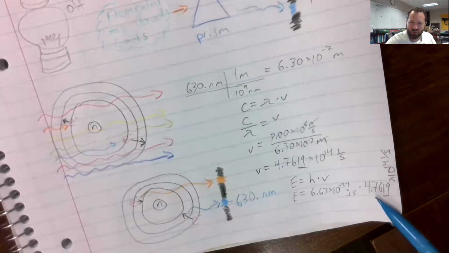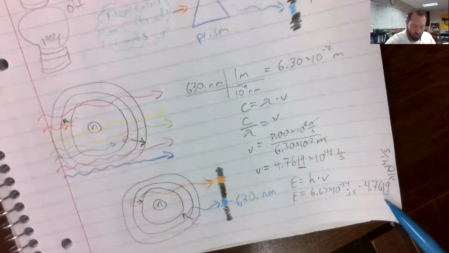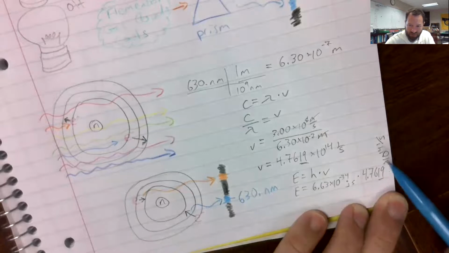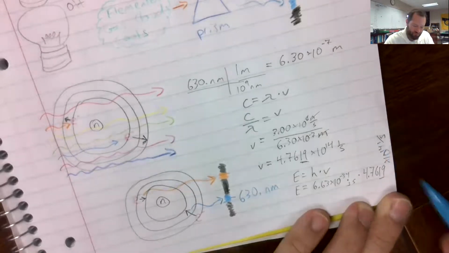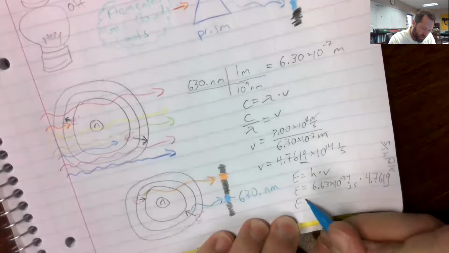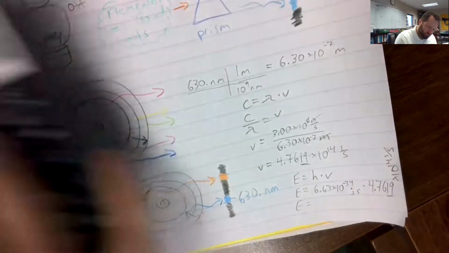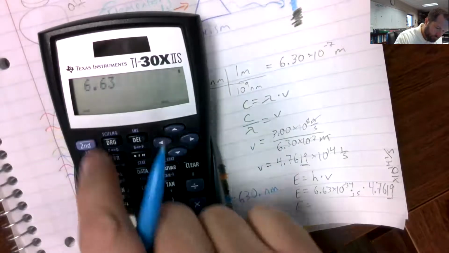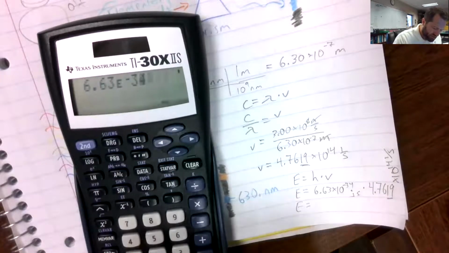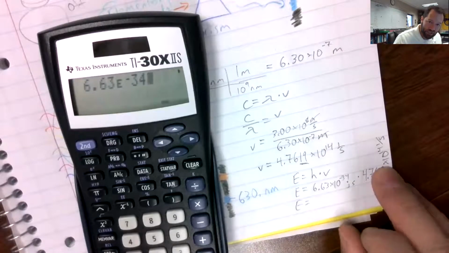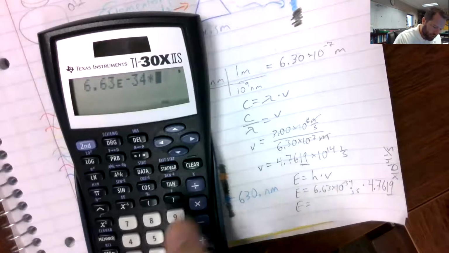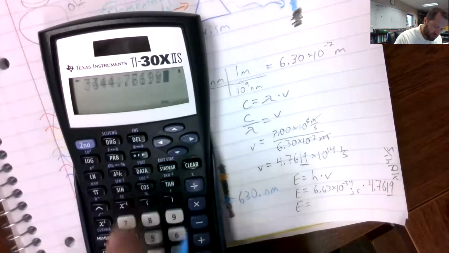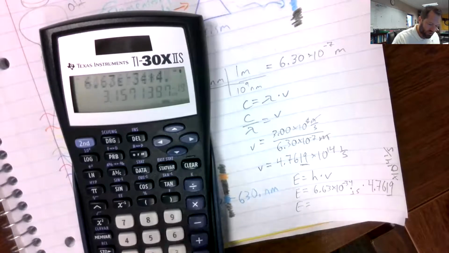So 4.7619 times 10 to the 14th per second. Sorry about that, it's going up the wrong side of the page here. Again, real sorry about that. This is just awfully sloppy. Here's Planck's constant, 6.63, big E, negative 34, times 4.7619, big E, 14.